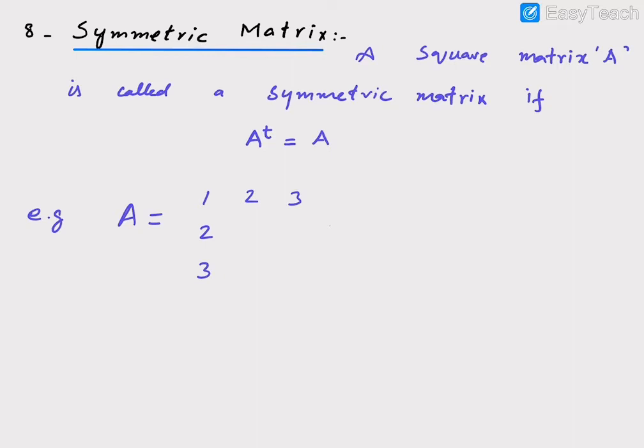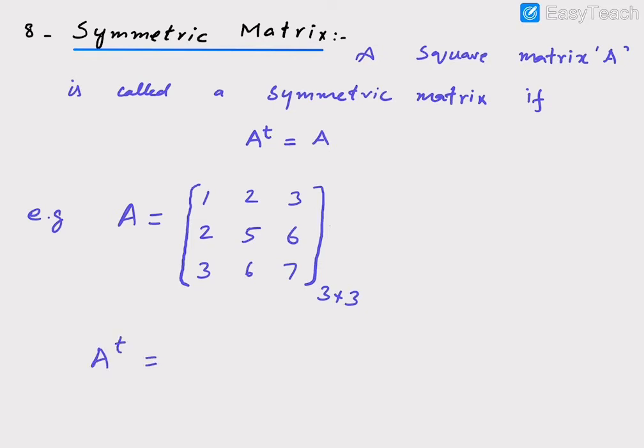Rows also, column also you should match. So if second row is 2, 5, 6, here also write column also 2, 5, 6. And 3, 6, 7 if you are writing is okay. So for symmetric matrix, it must be a square matrix. So what is the order of this one? 3 into 3.